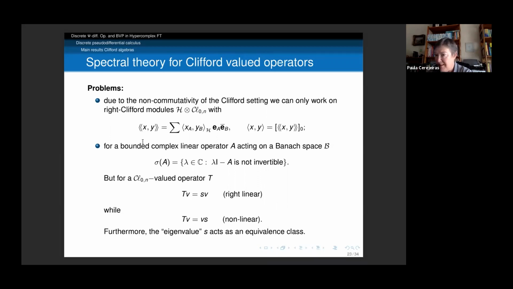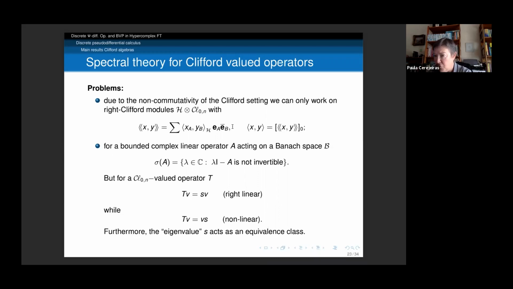The standard inner product will always have vectorial components on the basis of the Clifford algebra. And of course, it is not an inner product in the standard way. It's only an inner product if you take only its scalar part.